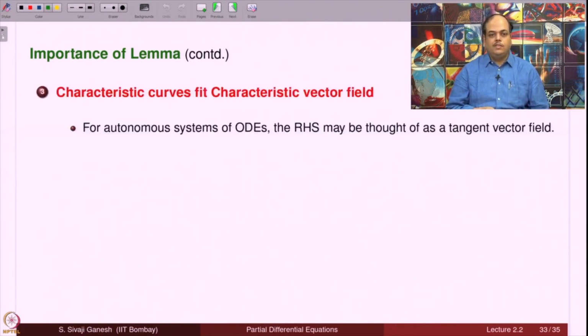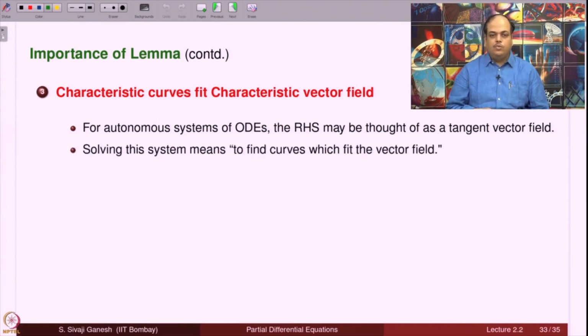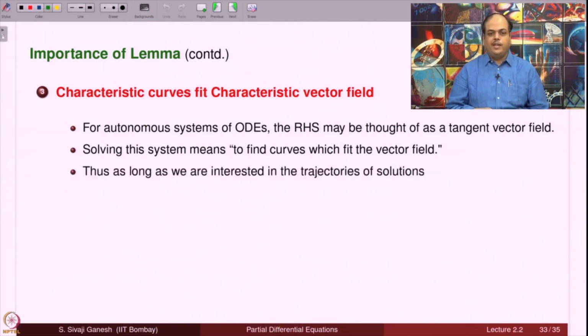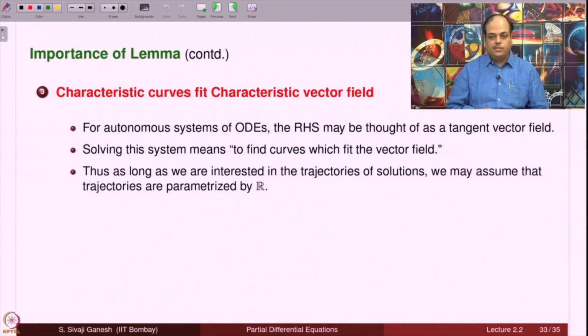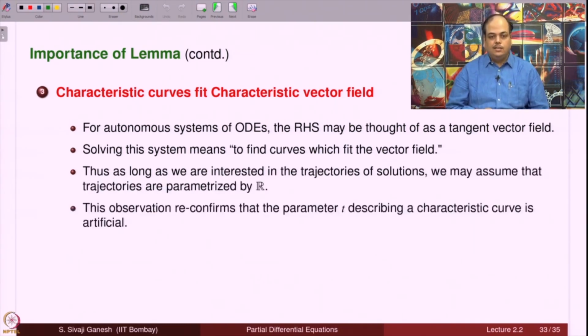Now, characteristic curves fit the characteristic vector field. For an autonomous system of ODEs, the RHS may be thought of as a tangent vector field. Solving this system means to find curves which fit the vector field. Thus, as long as we are interested in the trajectories of solutions, we may assume that trajectories are parameterized by R. This observation reconfirms that the parameter t describing a characteristic curve is artificial.